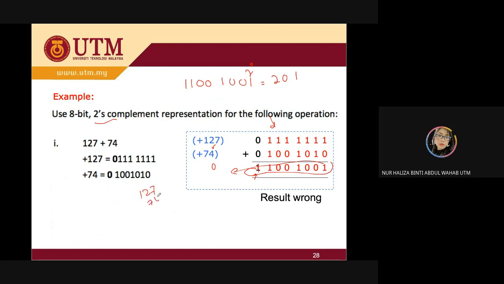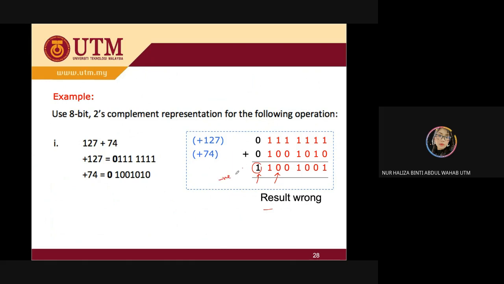127 plus 74 is 201. Correct. So you can see if you apply the magnitude and also sign, you're going to get a wrong answer because you assume this to be negative.